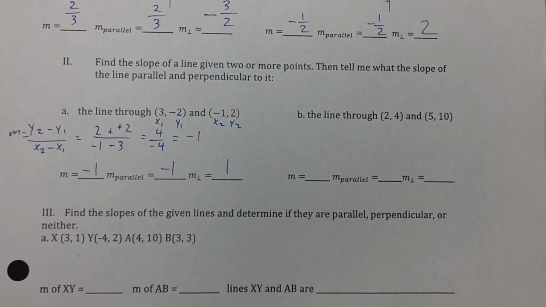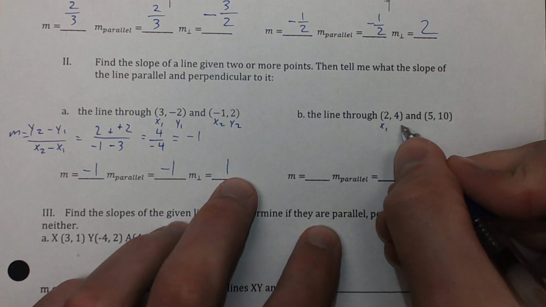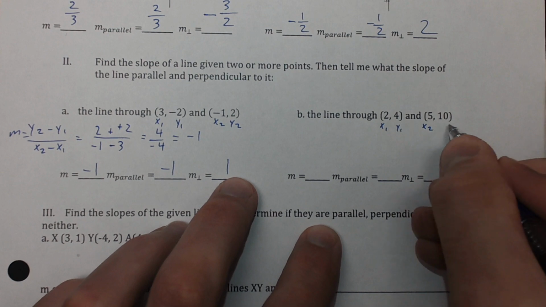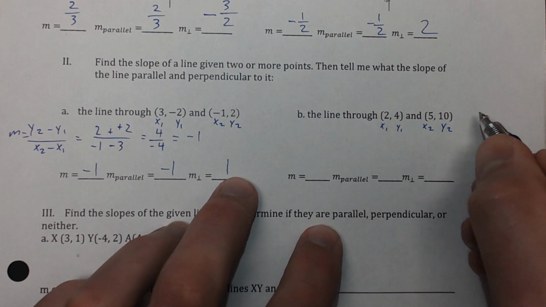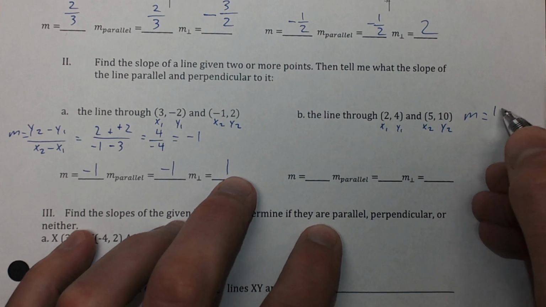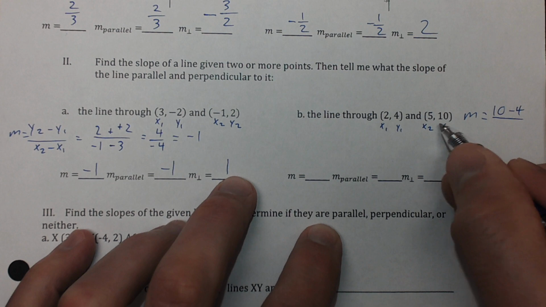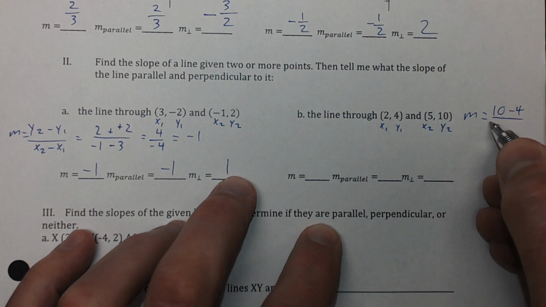Okay, let's try this letter B example. The line going through here, if this is x1, y1, x2, y2, your slope is going to be y2 minus y1, so that's 10 minus 4, over x2 minus x1, which is 5 minus 2.